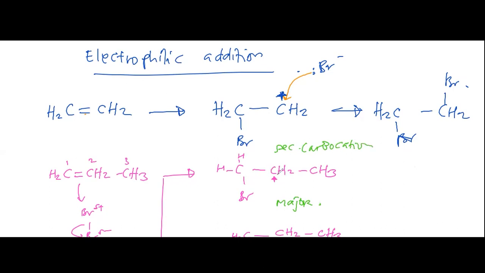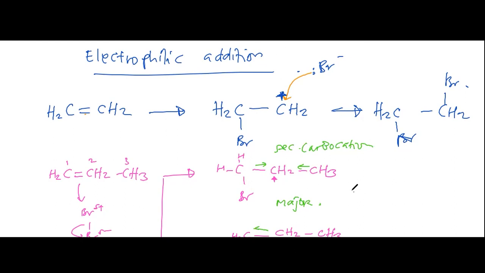This positive carbon has two R groups, this C and this C, that help to stabilize its positive charge. While the second one is a primary carbocation because it only has one R group to stabilize the positive ion. The rest is hydrogen, right? So this is minor.